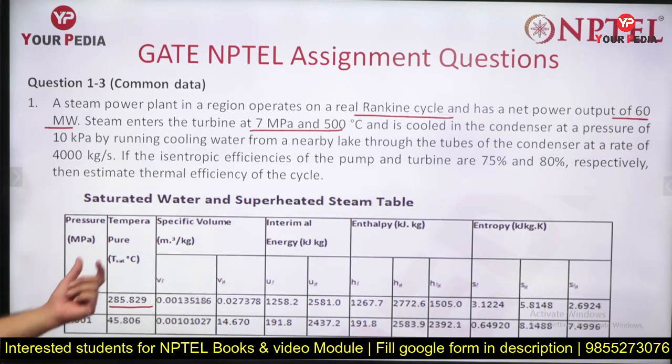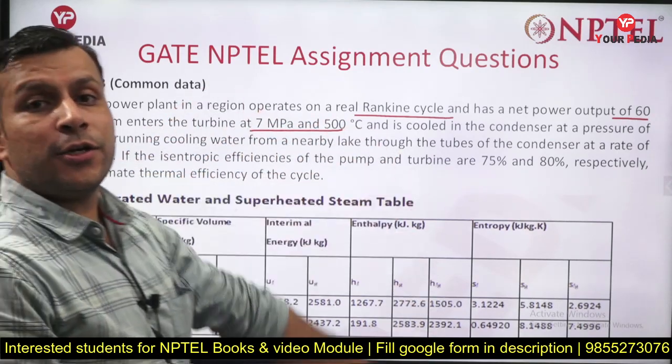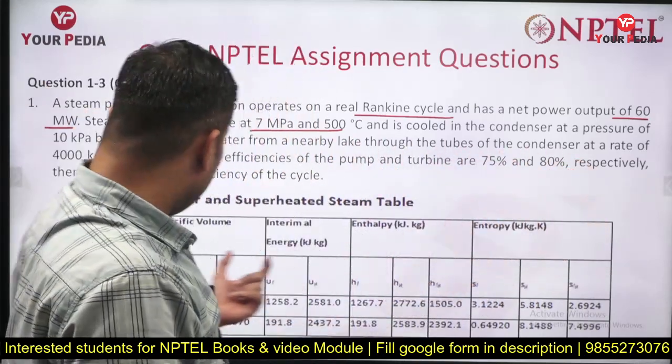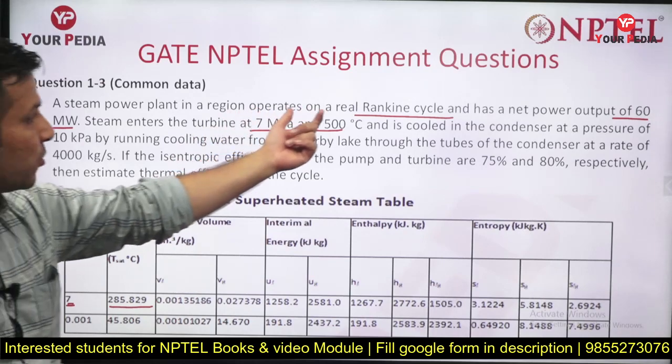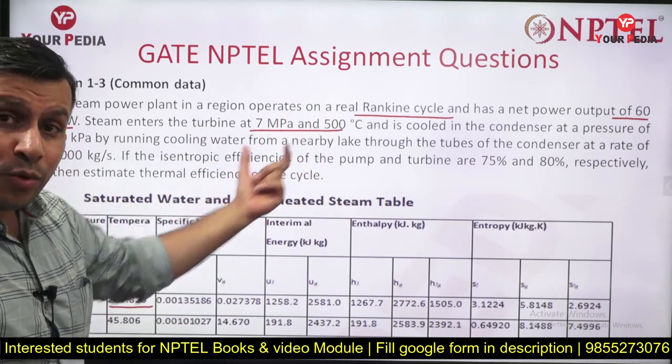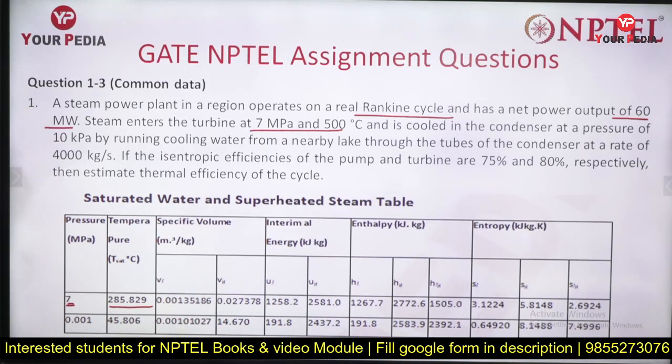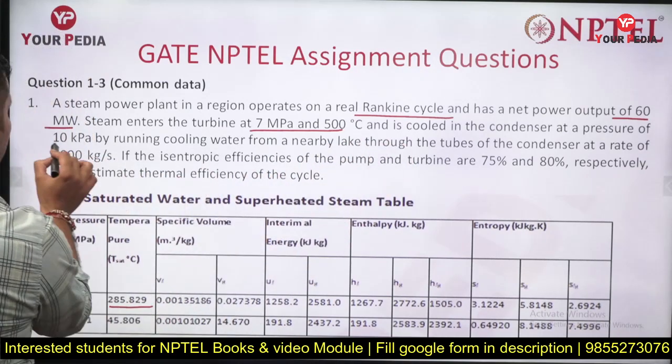At 7 megapascal, T saturation is 285.829. It means the steam entering the turbine is superheated steam, because its temperature is much higher than T saturation. If the temperature is more than T saturation, the condition of the steam is superheated. It is cooled in the condenser at a pressure of this.